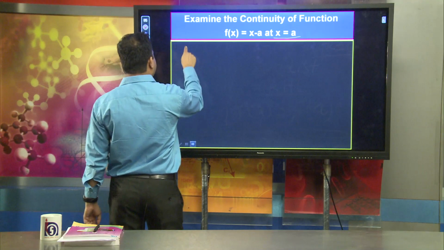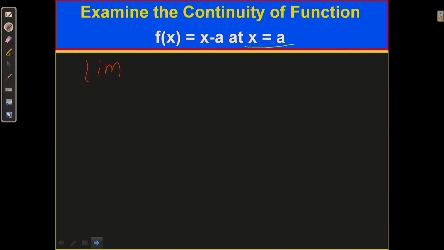That means we can say limit x tends to a, f of x. We can write limit h tends to 0, and we can check the left hand limit or right hand limit, or we can directly check the limiting value as h tends to 0.